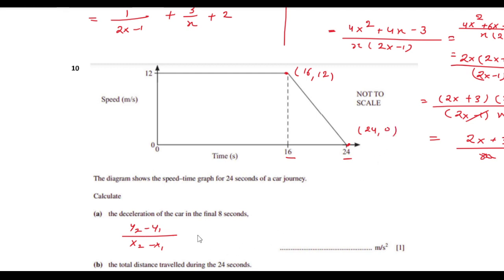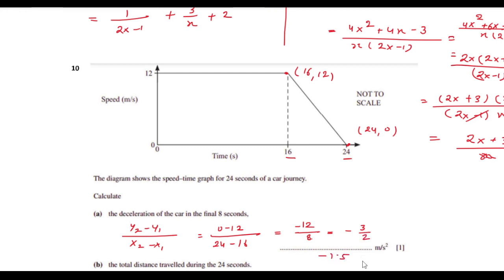So y2 minus y1 will give me 0 minus 12, and x2 minus x1 will give me 24 minus 16. So this is minus 12 divided by 8. So here it is minus 3 divided by 2, minus 1.5 meter per second square.